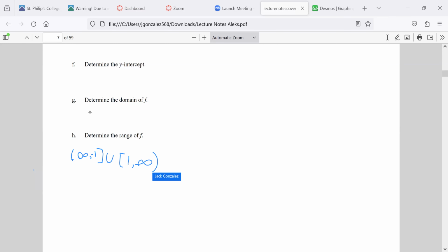You're combining two separate sets to cover the entire range. Any question on those ideas?